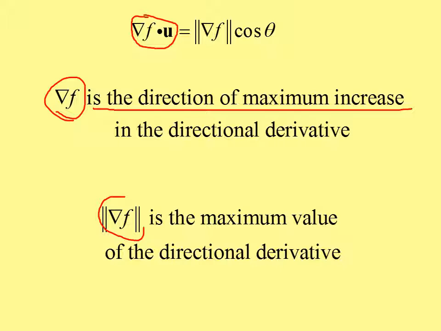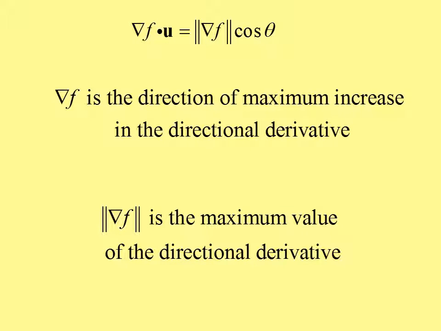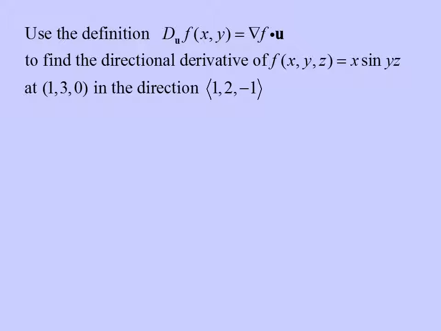Also, the magnitude of that gradient tells us the maximum value of our directional derivative. So again, everything that basically we need to answer from directional derivatives, other than what is the directional derivative, could be answered from just that gradient vector. So let's try a few examples and see what it looks like.